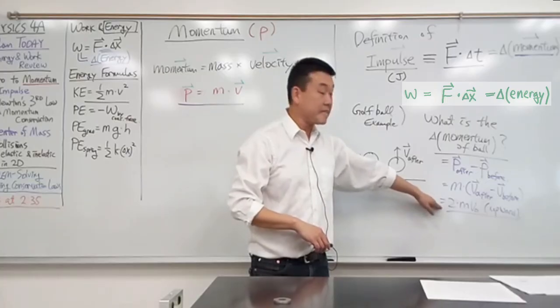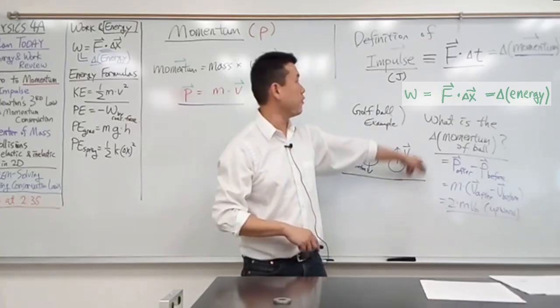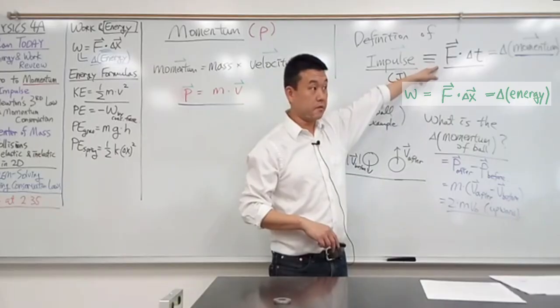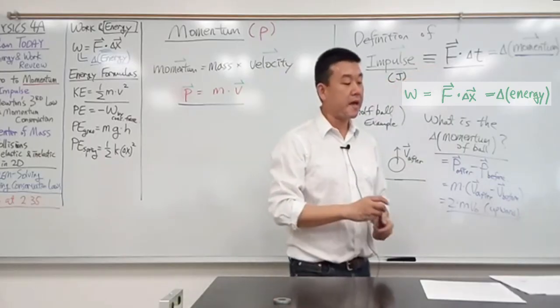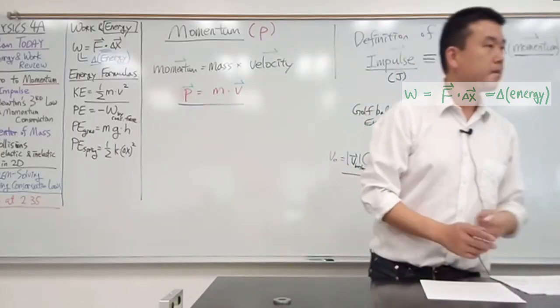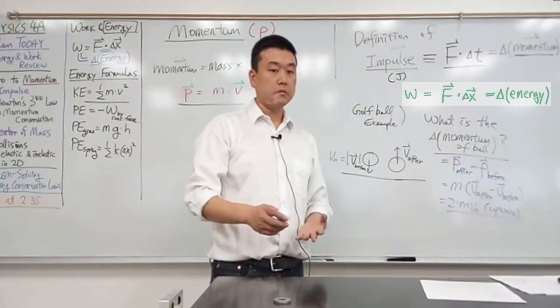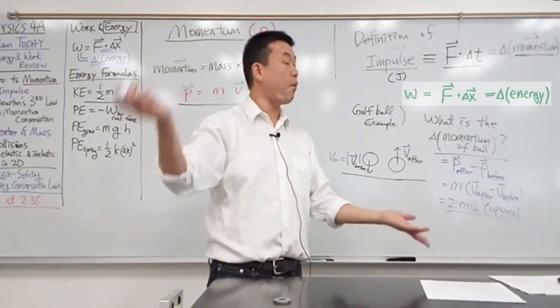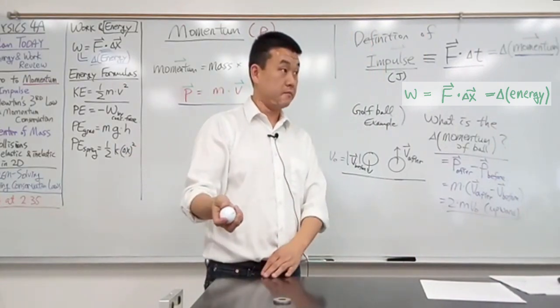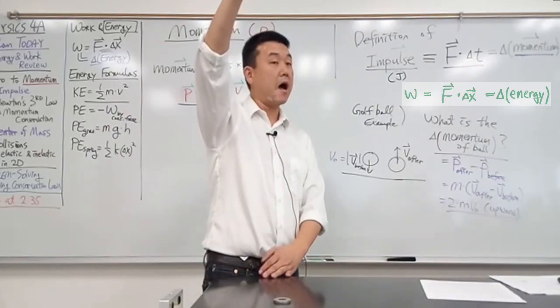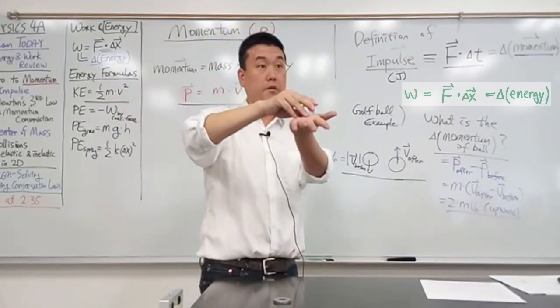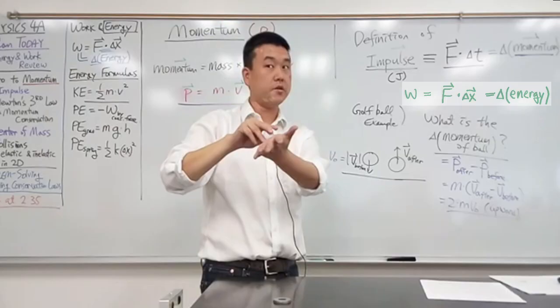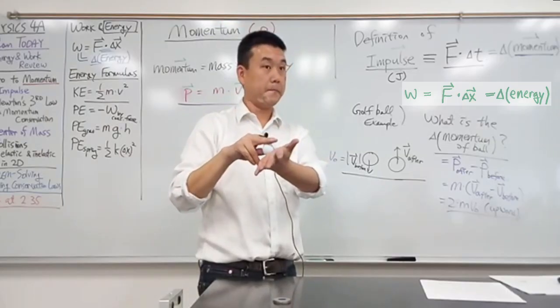And this is actually why it's useful for you to know this definition of impulse. Suppose I asked you that this collision takes 0.05 seconds. And now I ask you how much force is on the ball during the collision. Do you have enough information to answer that?